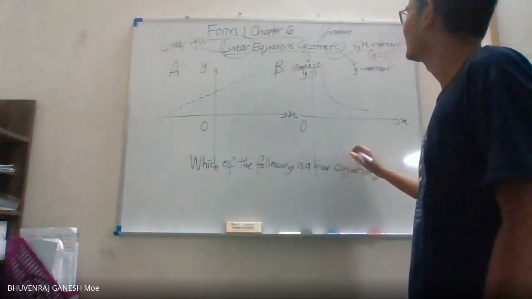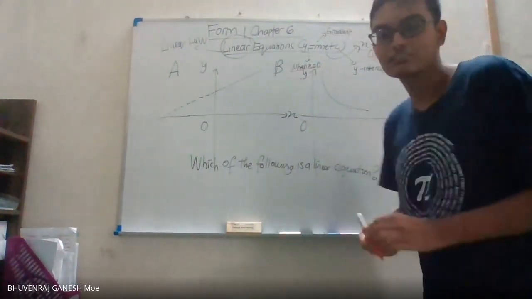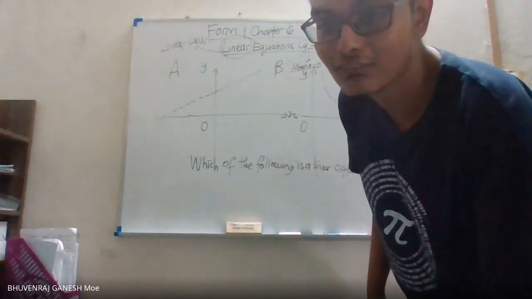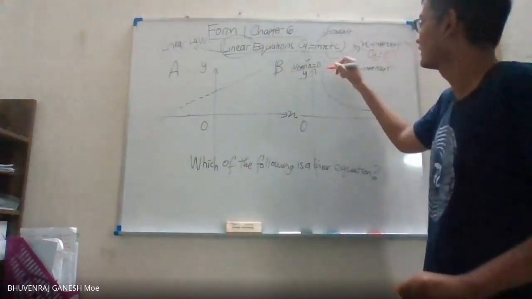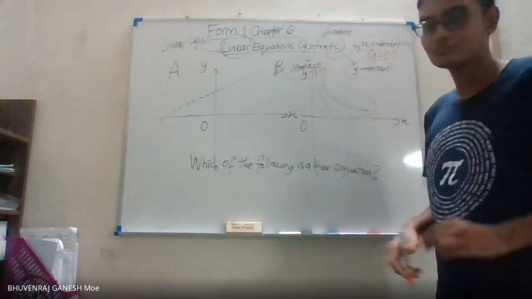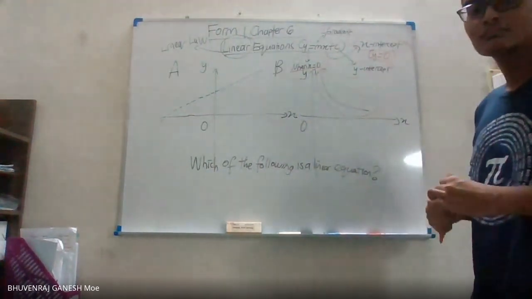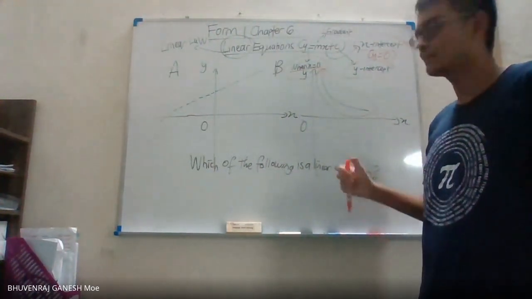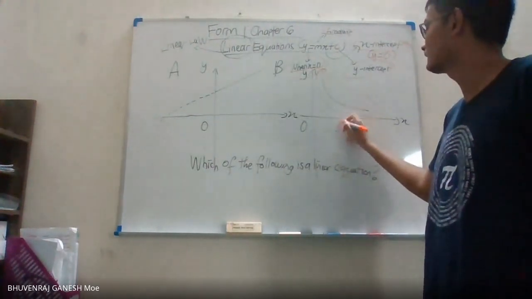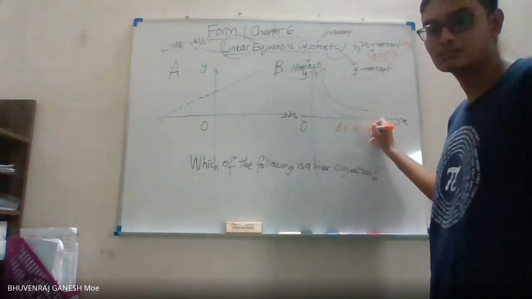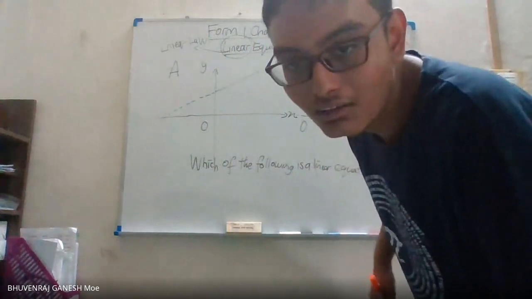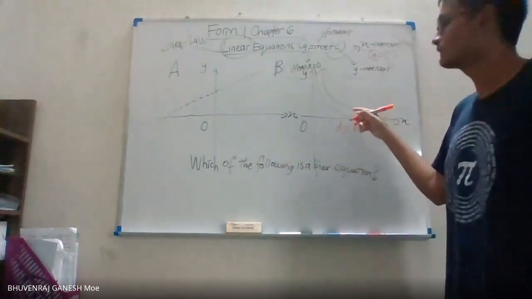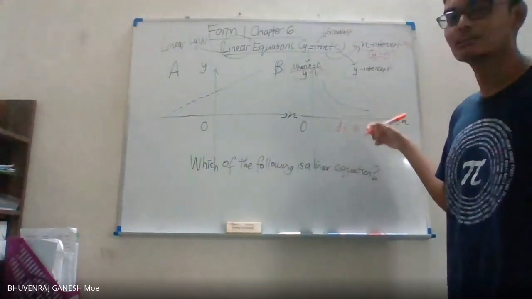If you have seen this kind of graph in physics for number B, usually they will write whether it is directly proportional or inversely proportional.